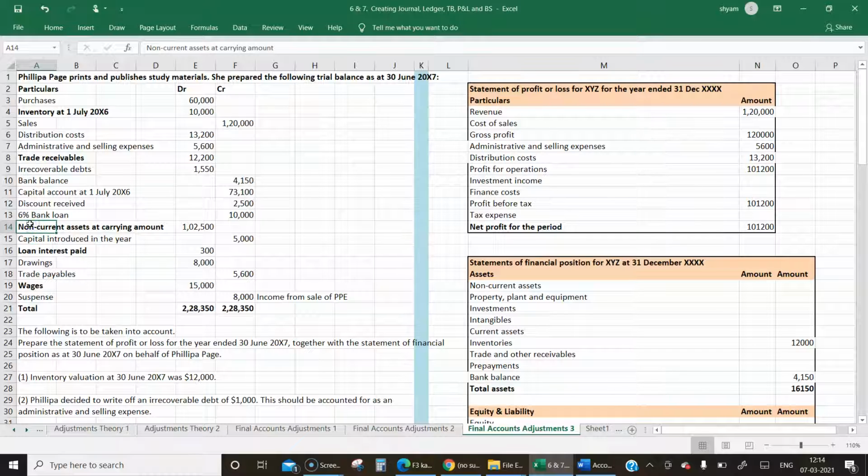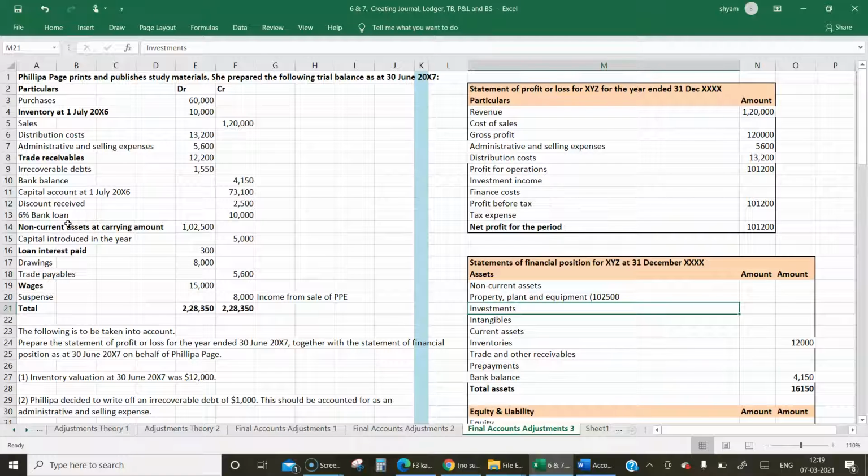Now we have non-current assets at carrying value of 1,02,500. So we'll put the non-current assets there.